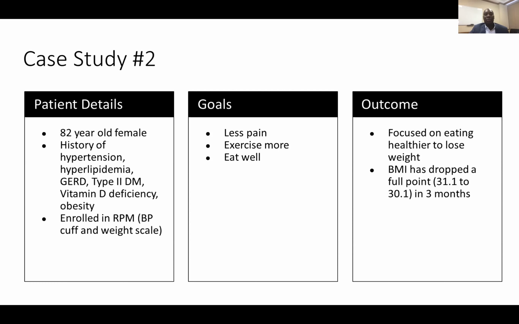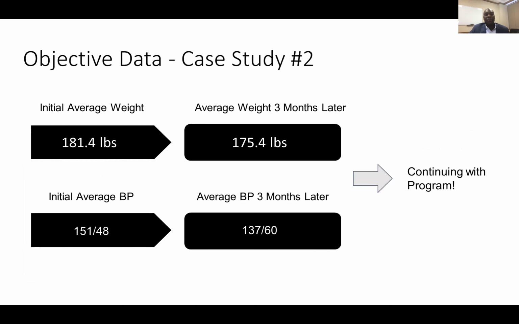And the outcomes were that the BMI dropped a full point, and the patient focused on healthier eating to lose weight. And again, if you look at the data and results, next slide, Huzefa, how important this is: over just a 3-month time frame, they really improved their average systolic and diastolic blood pressure and lost weight.